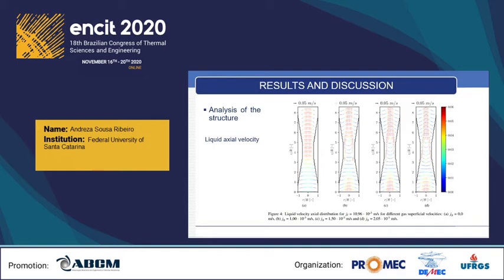In the convergent section, this downward velocity near the wall becomes less intense, and when arriving at the throat, the opposite happens: liquid velocities in the core decrease and upward peaks appear near the wall.